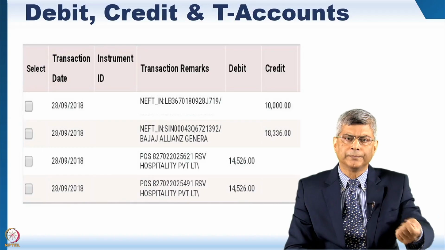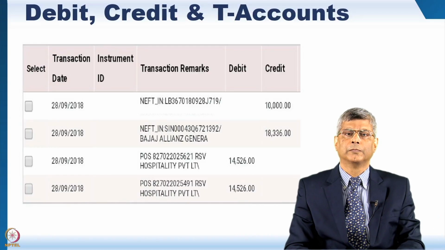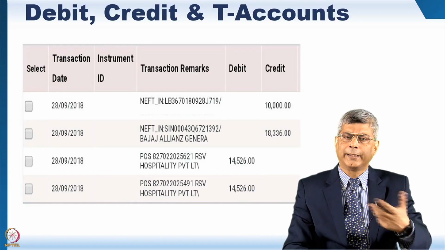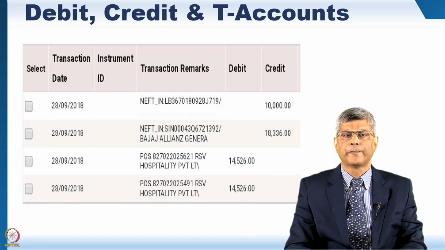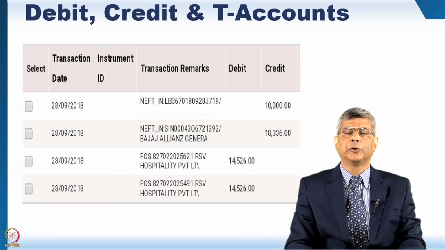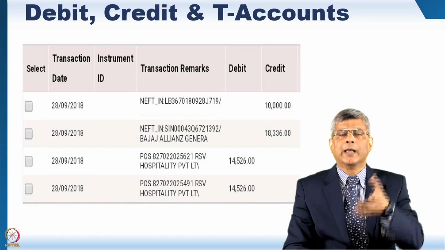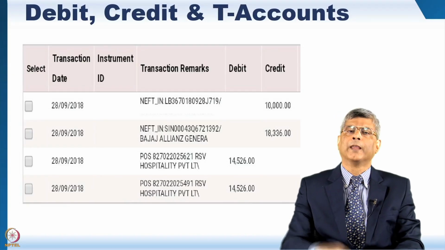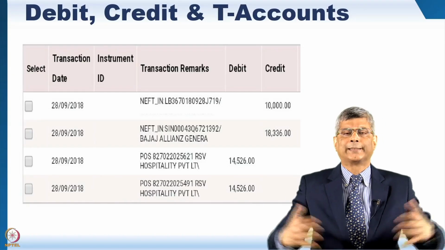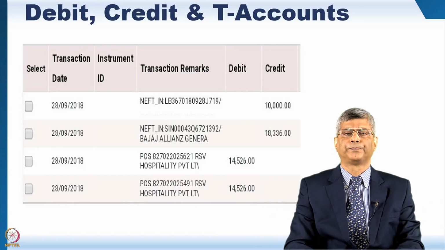If you spend money through UPI or credit card or a check, it's a debit to your account. So all of you are using T accounts, debit and credit, in your personal lives. Companies use the same, except the volumes are much larger.